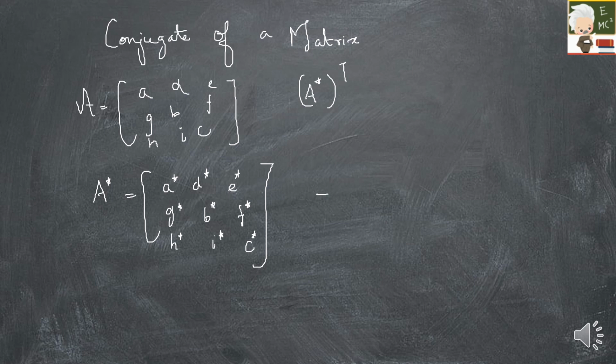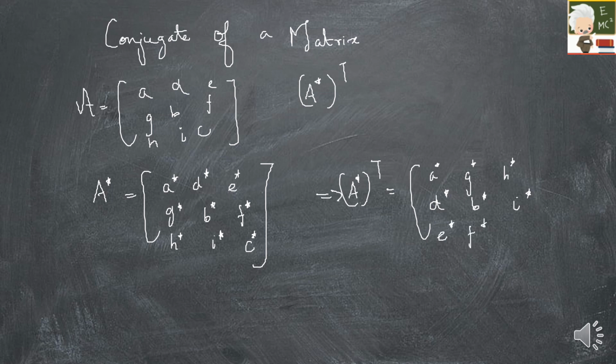Now I have to do A star transpose, which should be A star, G star, H star, next D star, B star and then I star, and then next E star, F star and C star.